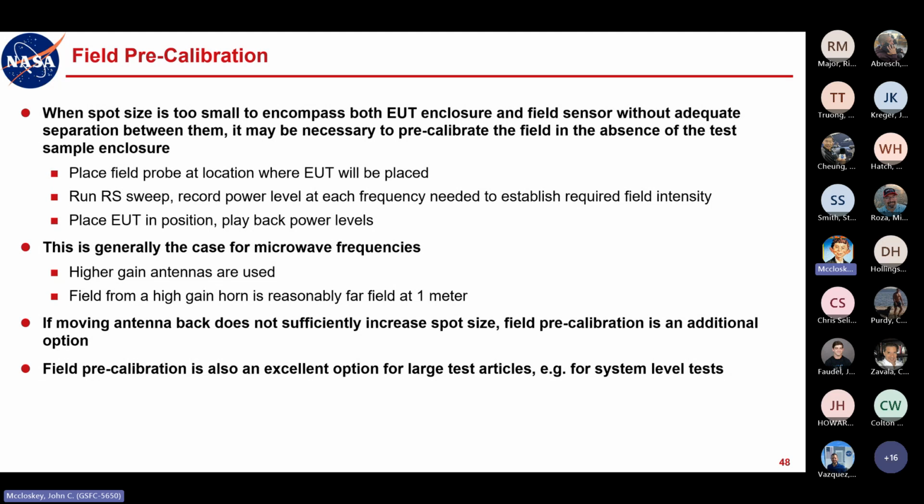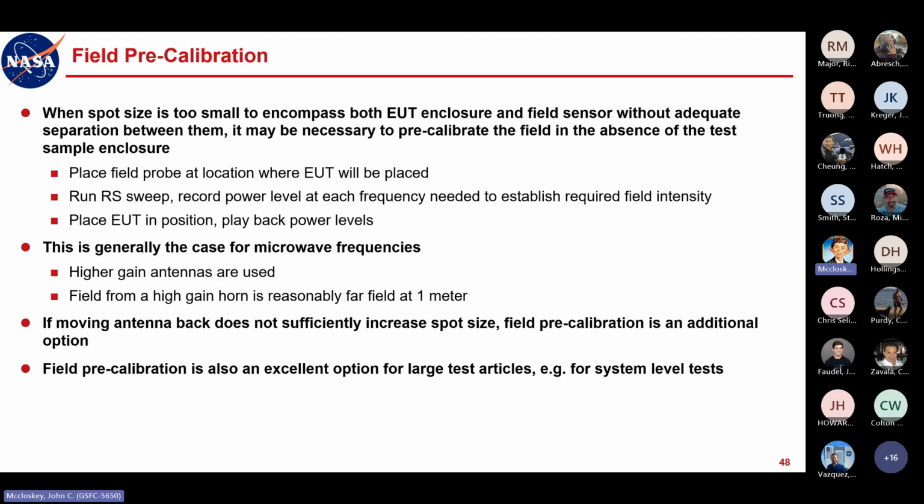You pre-calibrate the field, then you just know that you're transmitting this amount of power as a function of frequency, and you just play those levels back. And you don't really have to be concerned with trying to attain a specific level with a field probe in a specific location.